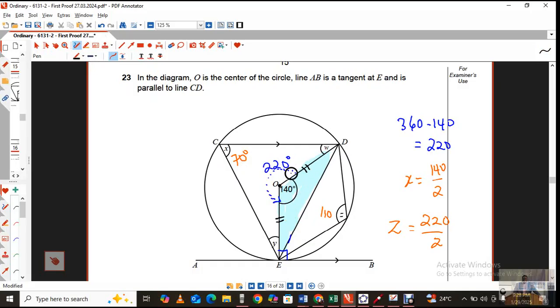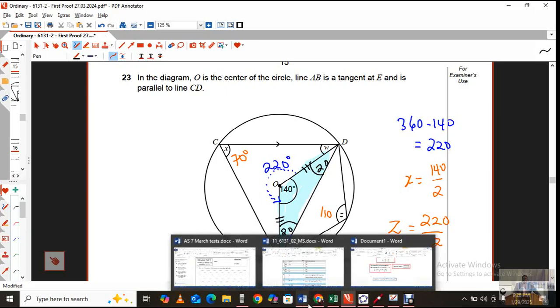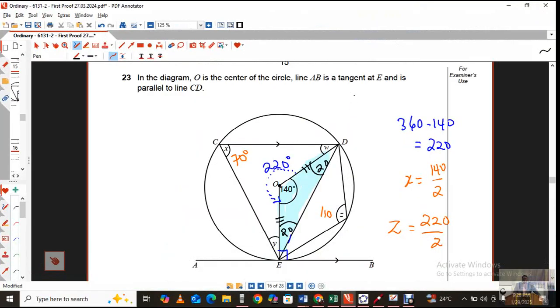Same. The interior angles of a triangle should add up to 180. So this is 140, so there's 40 to give you 180. And that 40 will be shared. So this little one here is 20 degrees. This one over there is also 20 degrees. Okay, good.